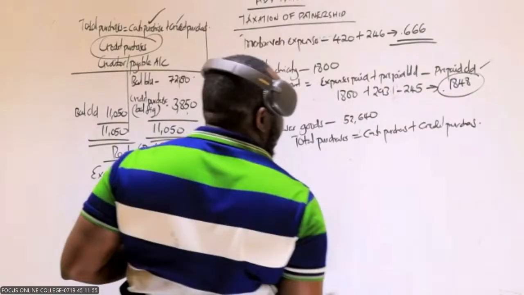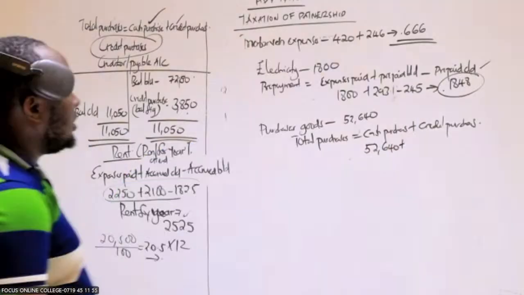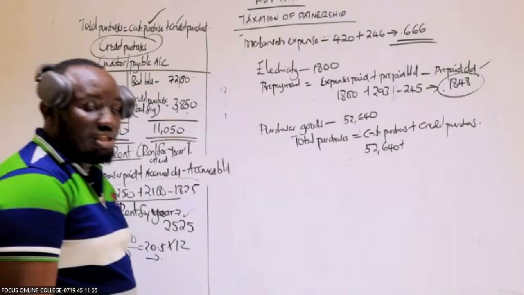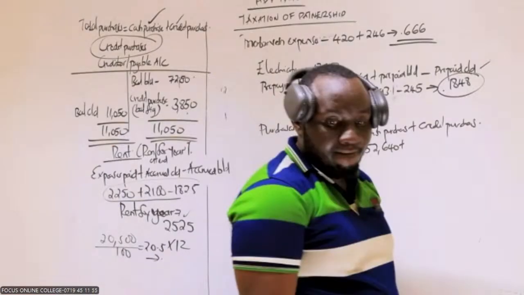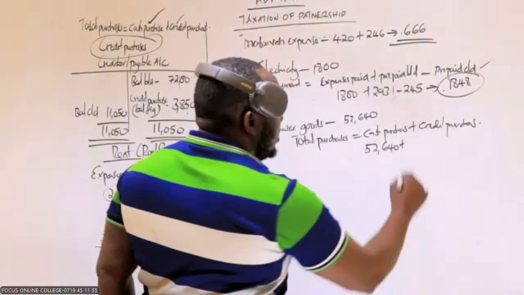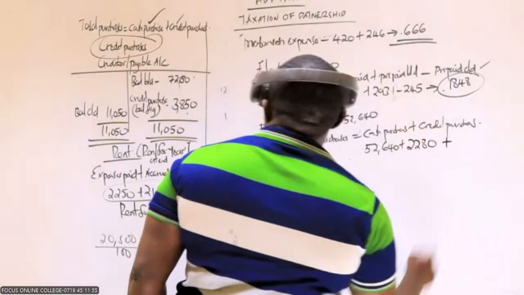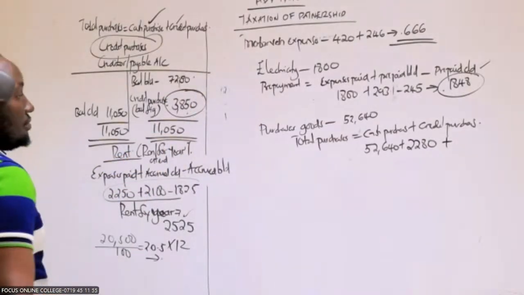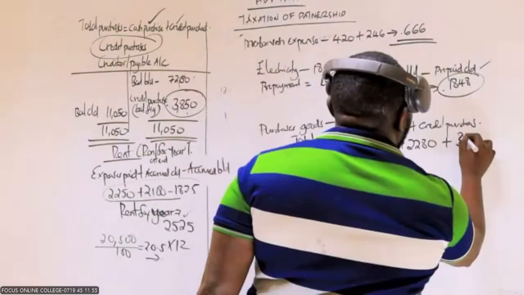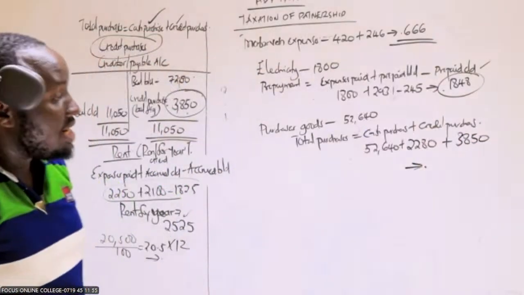The one that was through the bank was 52,640. The other cash, recorded from our working, was 2280. Then plus credit from our working. What is the credit? 3850. So what is the total purchases for the year?